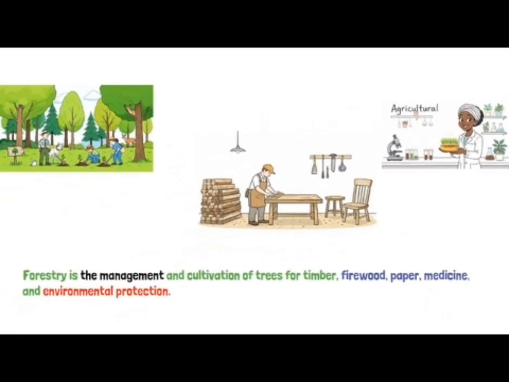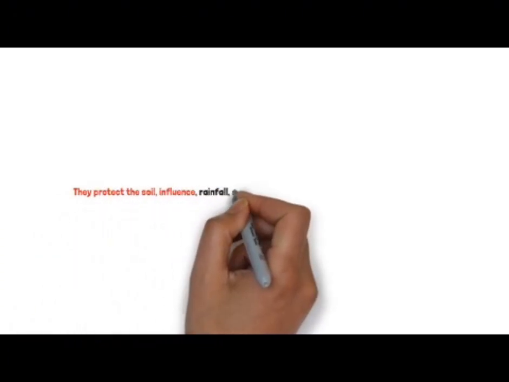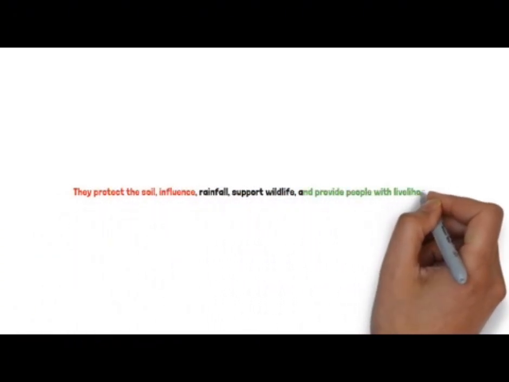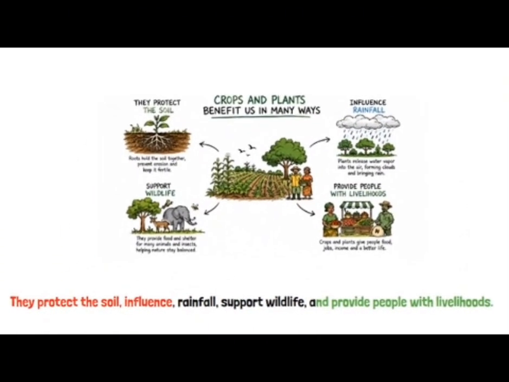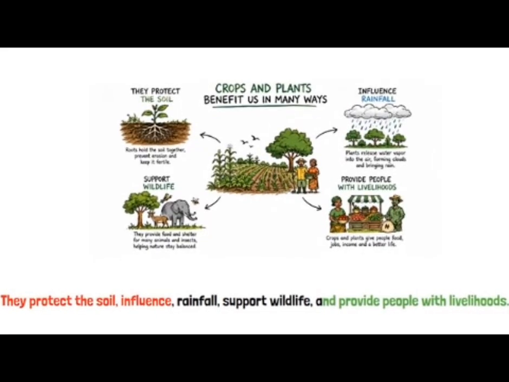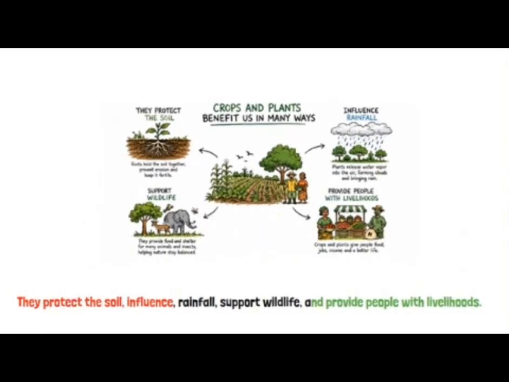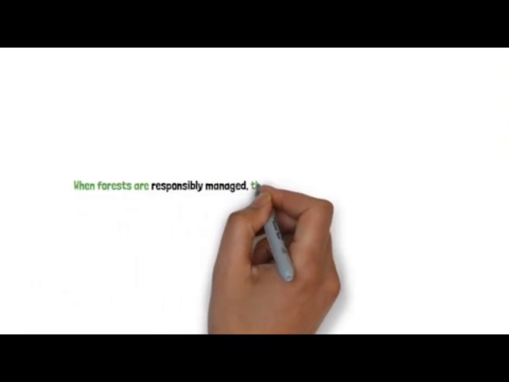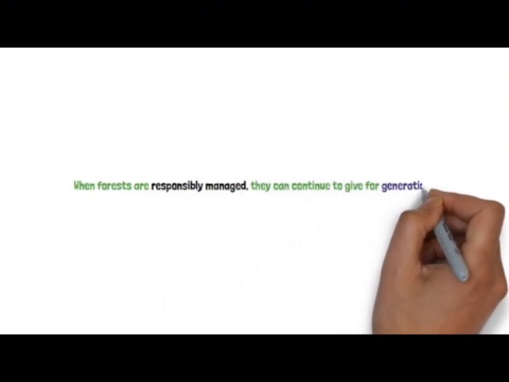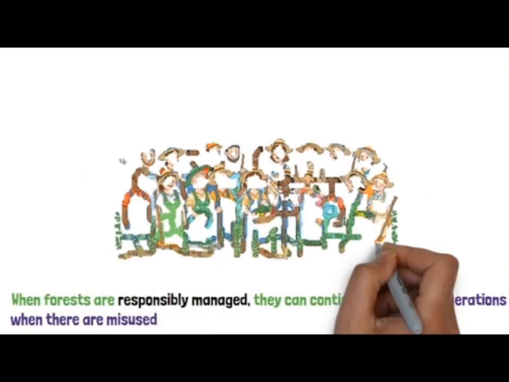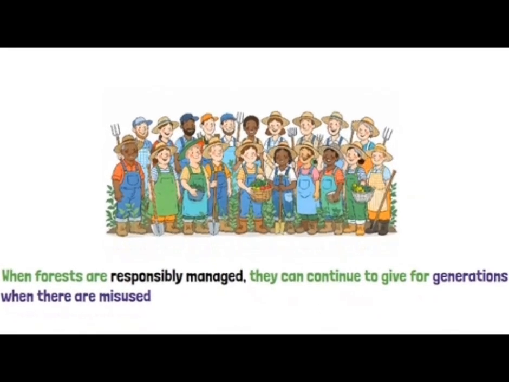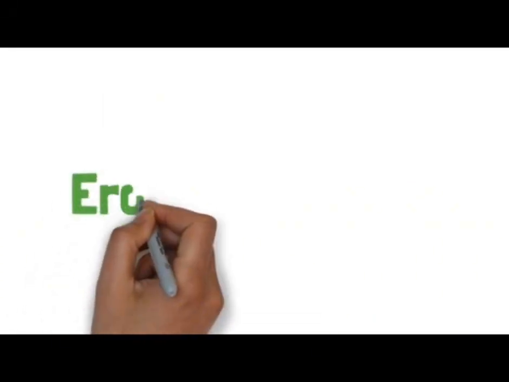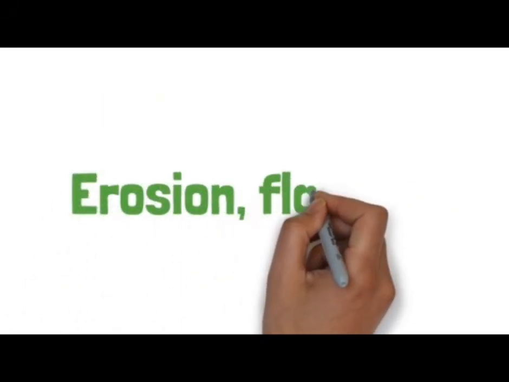They protect the soil, influence rainfall, support wildlife, and provide people with livelihoods. When forests are responsibly managed, they continue to give for generations. When they are misused, erosion, flooding, and climate problems follow.